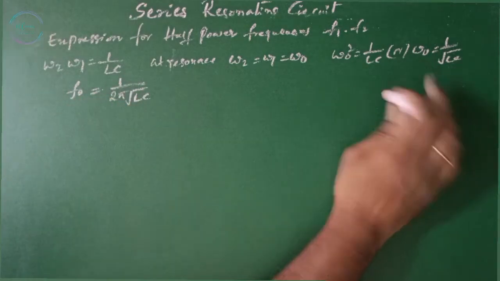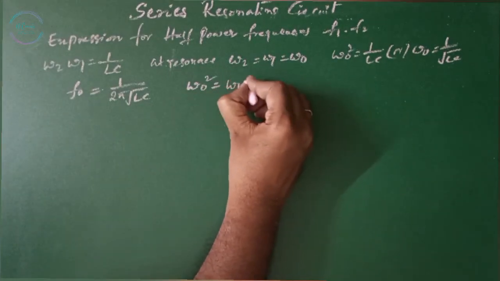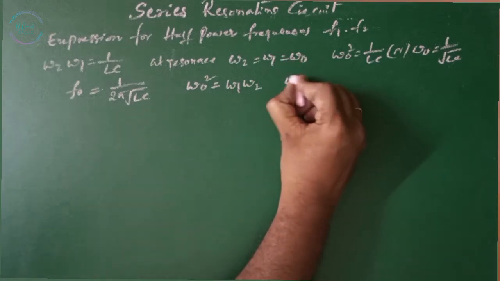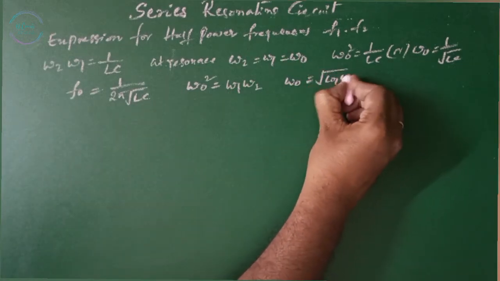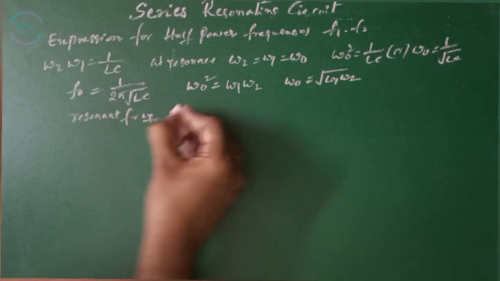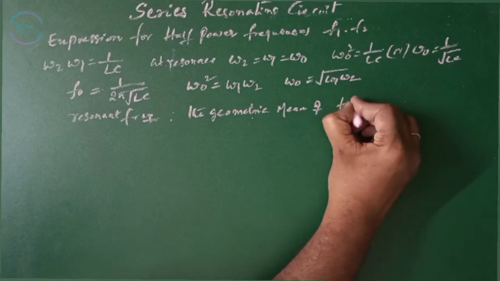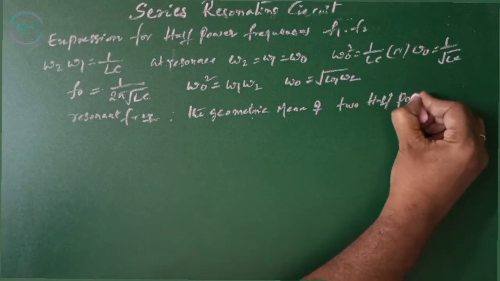When you compare these two, you will know that omega naught square equals omega 1 omega 2, or omega naught equals the square root of omega 1 omega 2. Resonant frequency is the geometric mean of the two half power frequencies.